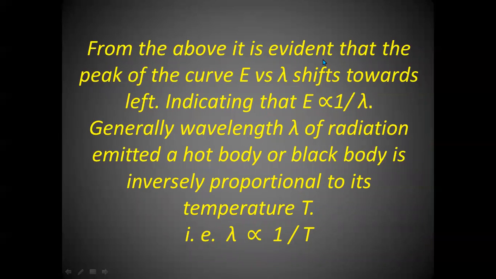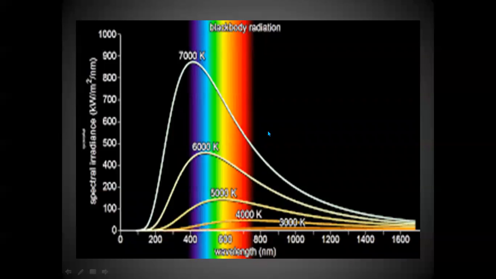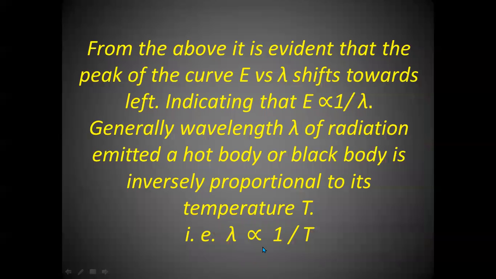From the above, it is evident that the peak of the curve E versus lambda, this curve was between energy and lambda, shifts towards the left. First point, second point, indicating that E is proportional to 1 by lambda, means energy is inversely proportional to wavelength.